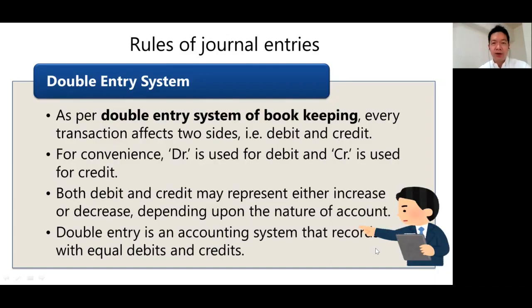And another important feature of the double entry system is that the figures in the debit side and the credit side are always equal. So if there is some difference, there might be some mistake to find. So these are the rules of journal entries.